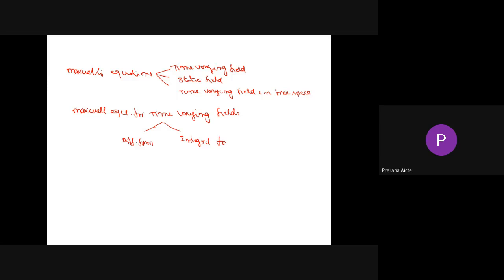In the differential form, we define the Maxwell equations based on the dot product and cross product. In the dot product, del dot D is equal to rho V, and the second one, del dot B is equal to 0.